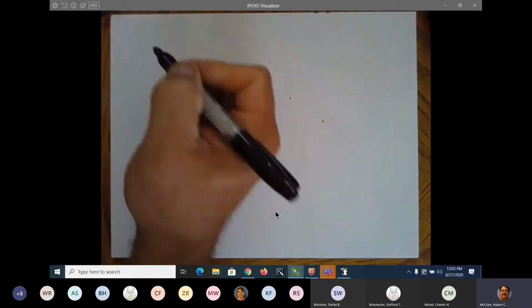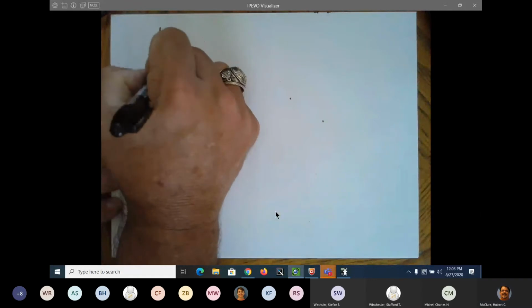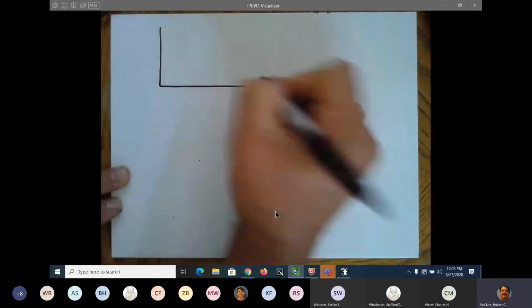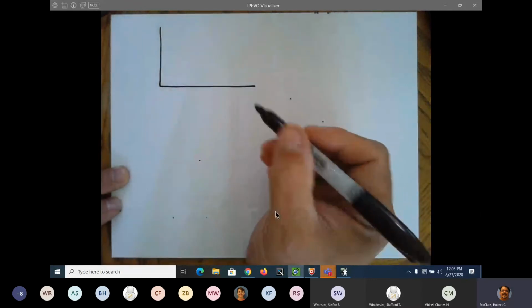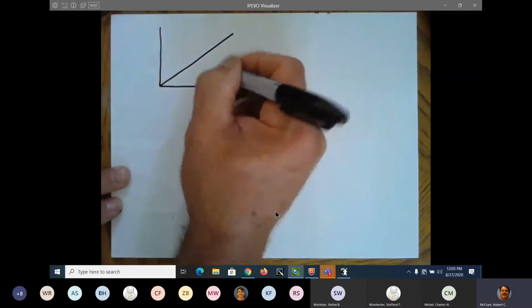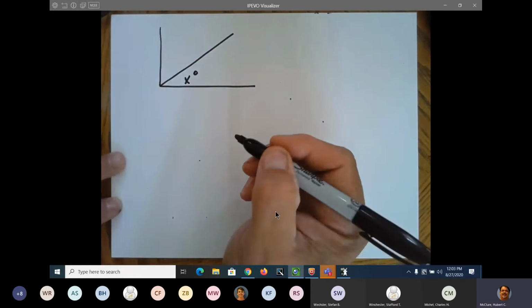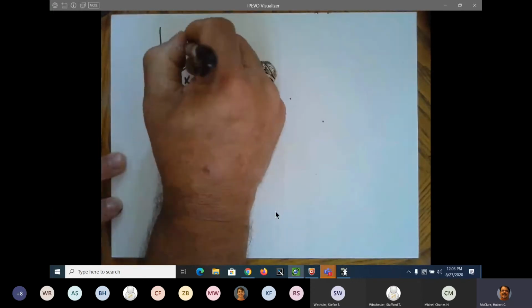So the first thing you do is discern which one you're doing. Well, if I give you an angle like this, you know that it's going to be a right angle. So that means complementary. And I tell you that this is X degrees, and this is X plus 30 degrees.